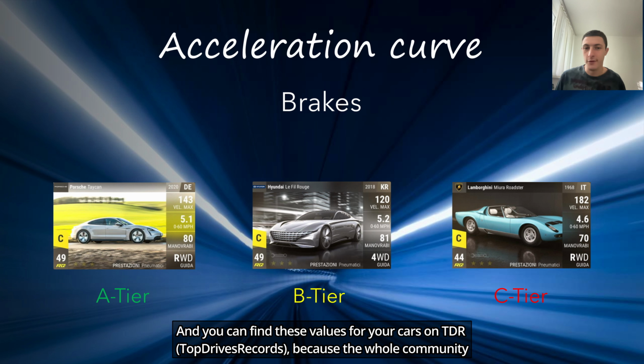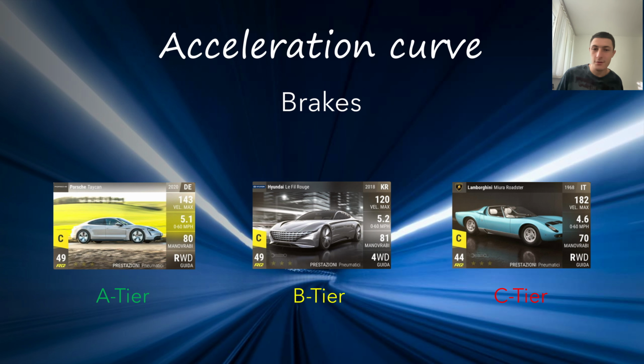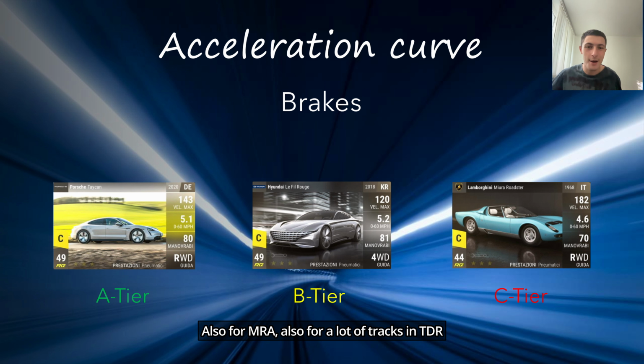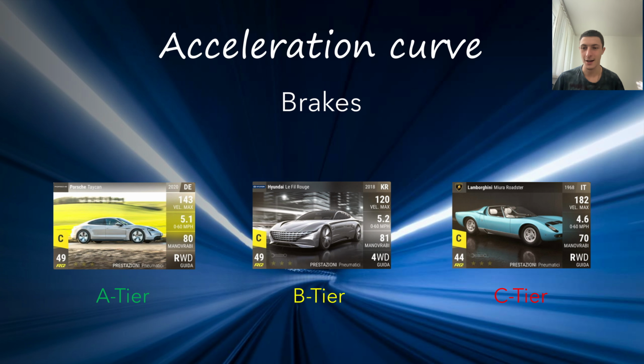And you can find these values for your cars on TDR because the whole community is kind enough to fill out times to determine these brake tier values, also for MRA, also for a lot of tracks in TDR. This is a really nice community, and you can find a lot of nice people around that would help you in many ways.